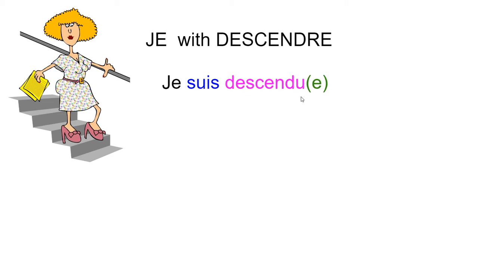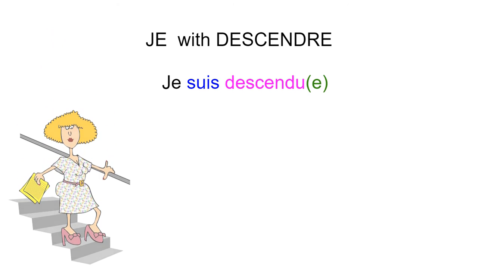Sorry, ladies, we have to go an extra step. So we have to add that extra E. So if you're talking in the first person, with je, and you're a girl, then you are expected to put that extra E there to make sure that your past participle agrees in gender and number with your subject. Okay, so let's go down.